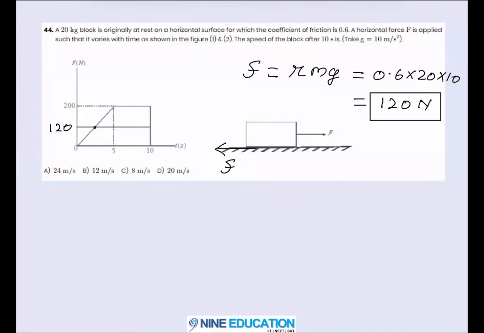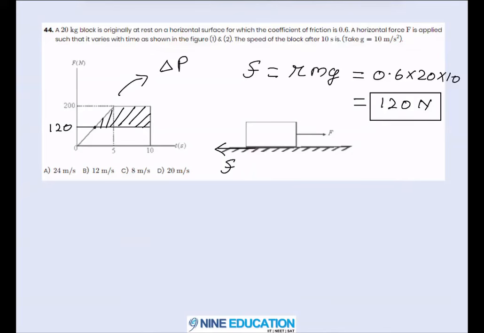So now what we are going to do is we know that 120 Newton out of the complete force, out of whatever force the body is experiencing, will be used up for the body to start to move, right? That means for a force versus time graph, if we calculate the area of this much portion, then we will get the actual impulse.